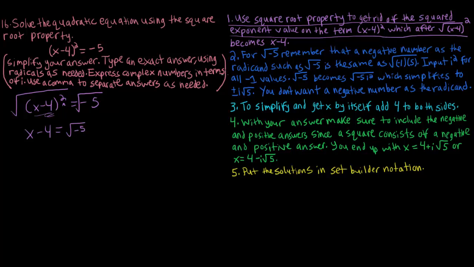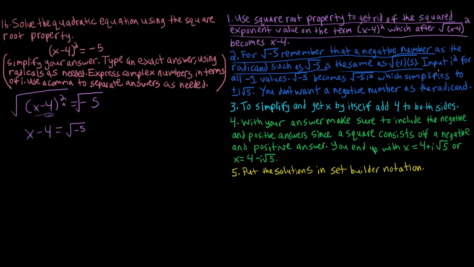Now for step 2, for the square root of negative 5, remember that having a negative number as the radicand, a negative number under the radical, such as what we have here in the square root of negative 5, is the same as the square root of negative 1 times 5.